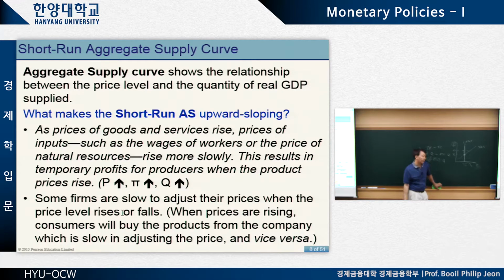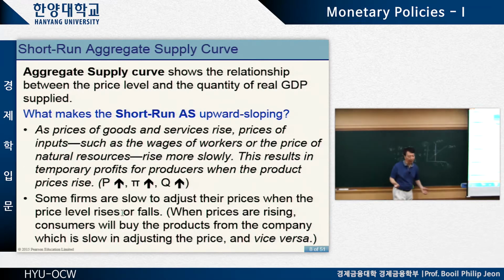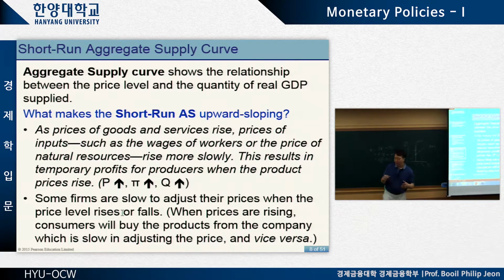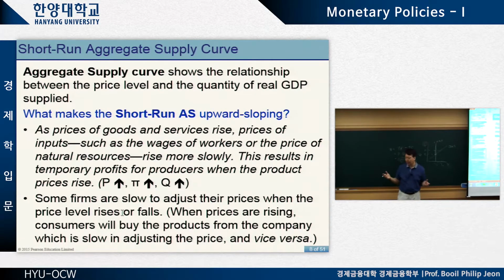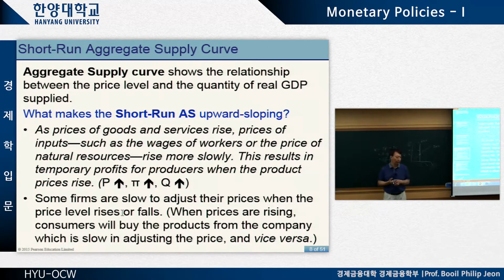So let's say there are 30% out of all the businesses, maybe 20%, 30% of the businesses that are particularly slower in adjusting their price, right? Then the output of this company will increase.